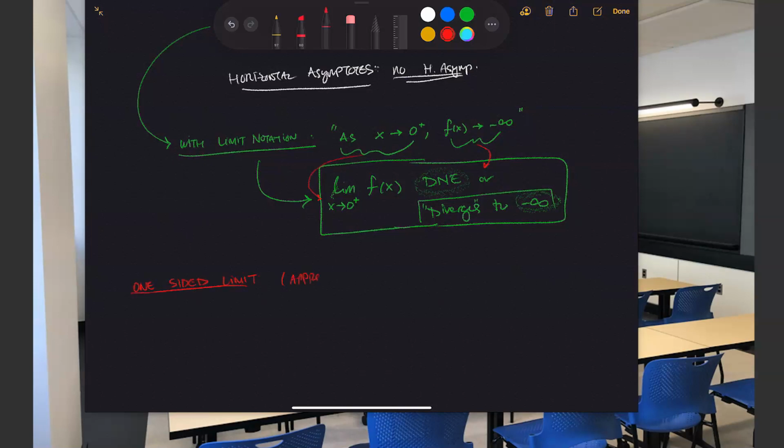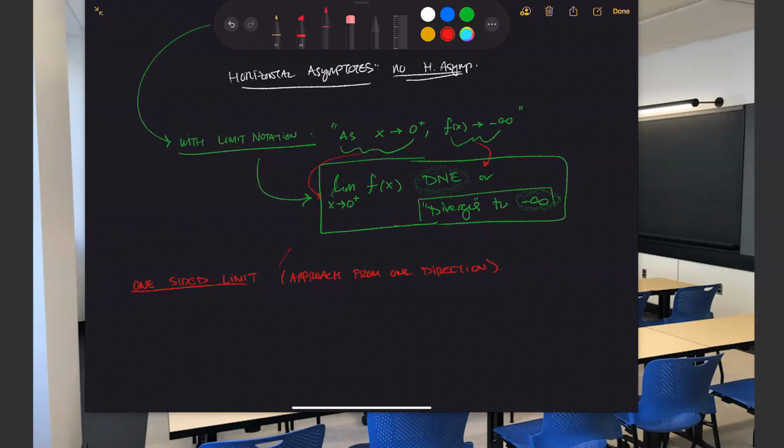And it just means to approach from one direction. So for this here, this means approaching by taking values from the right of 0.